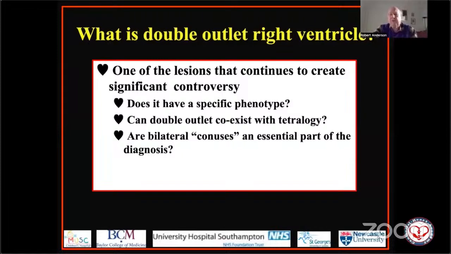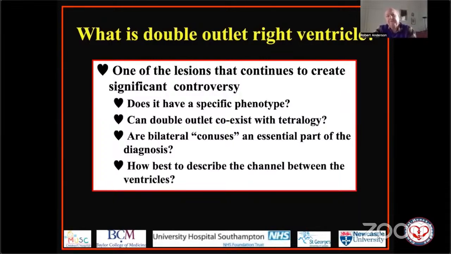I'm sure there are many of you who would still expect to find bilateral conuses to diagnose double outlet right ventricle. But we're going to address that issue also, because in our opinion, you should no longer be looking exclusively for bilateral conuses when you diagnose double outlet.